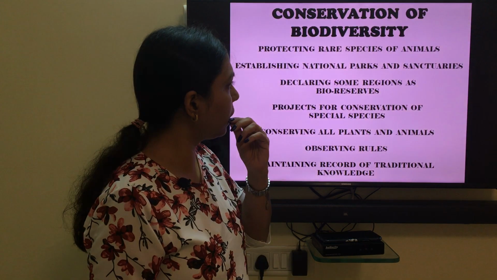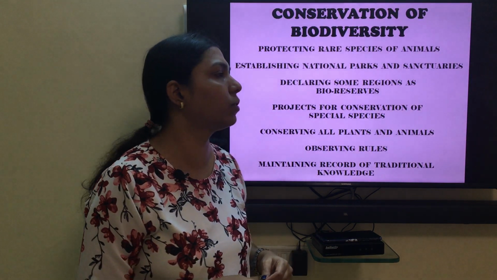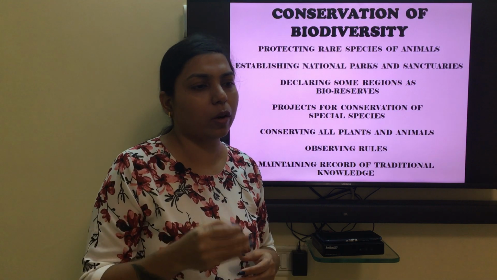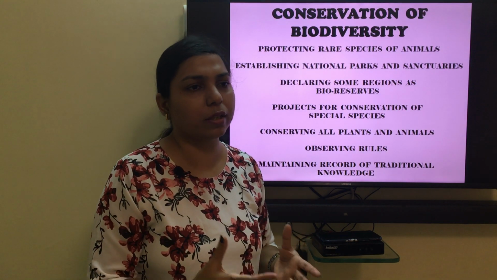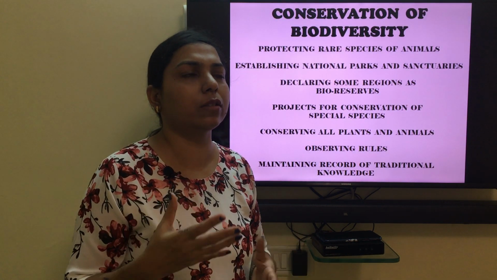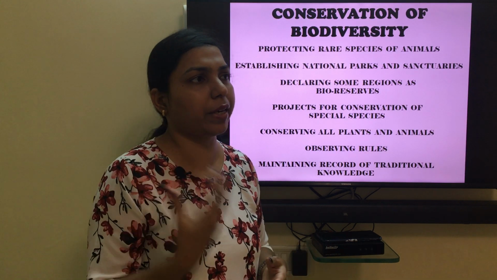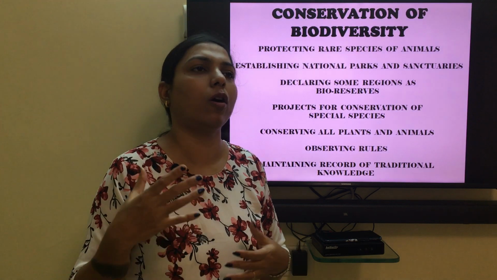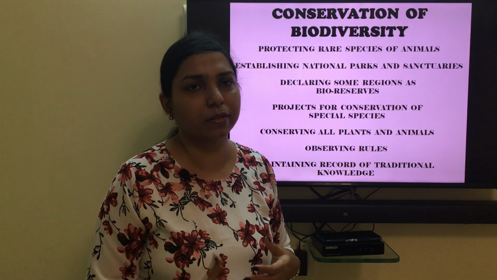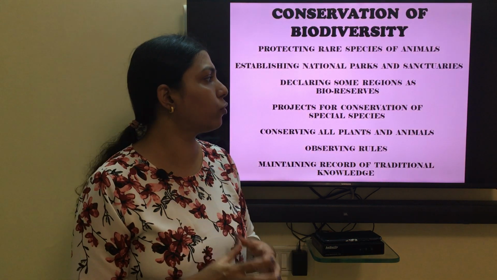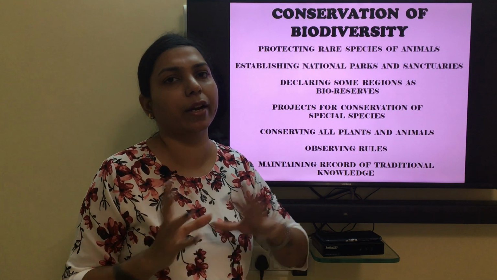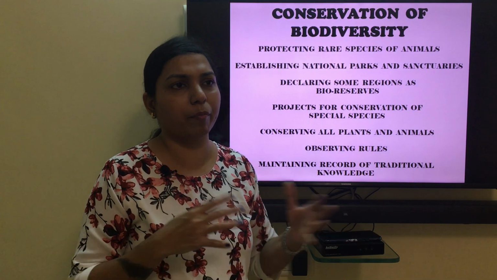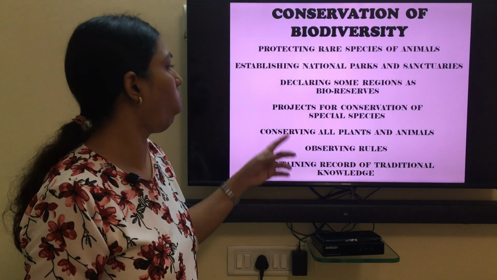Declaring some regions as bioreserves. We have to make sure that we don't go around cutting down all the different types of forests, or just going around building dams, roads, highways, or constructing new buildings, because we have to make sure that some regions are kept aside so that balance is preserved in nature.